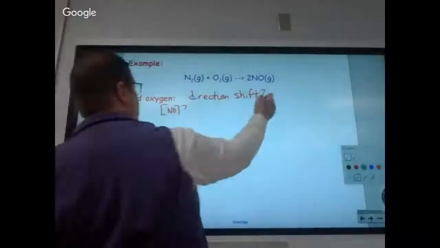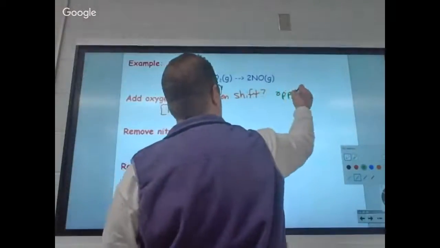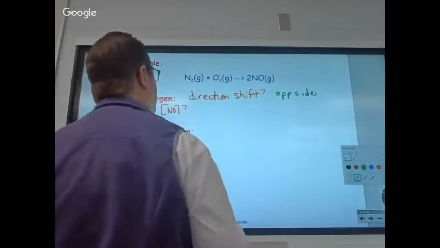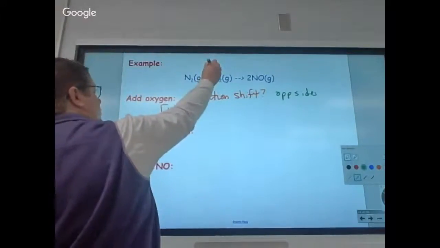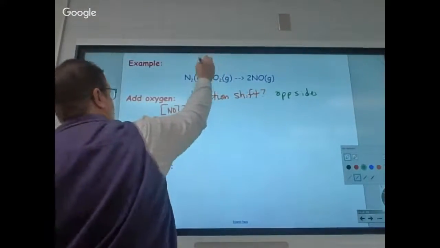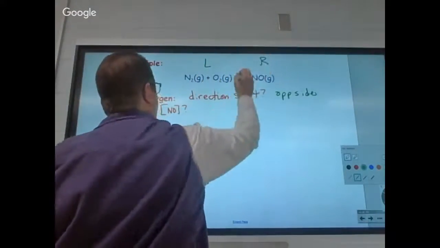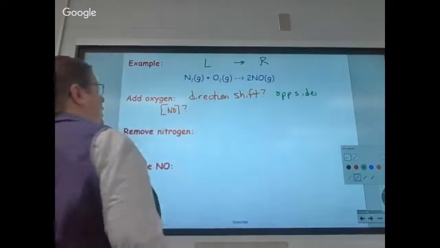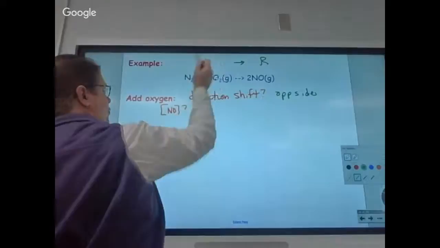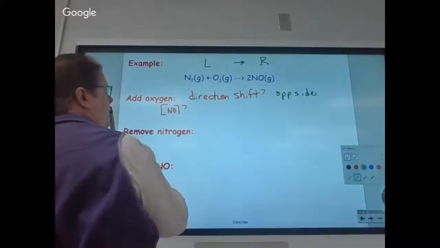It goes to the opposite side. Oxygen is here as a reactant, on the left, and that's the right. So what side is it going to shift to? Right. It's going to shift right.